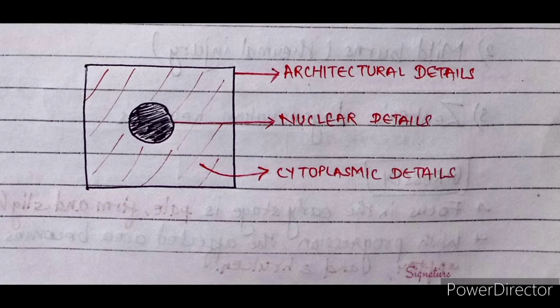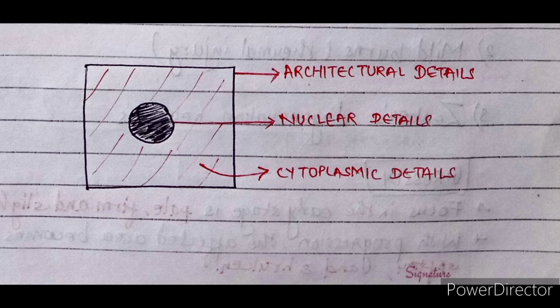Now before going into the details of these types of necrosis, first let us see some terminology associated with the cell. So here we can see a cell. There are 3 criteria known as architectural details, cytoplasmic details and nuclear details.